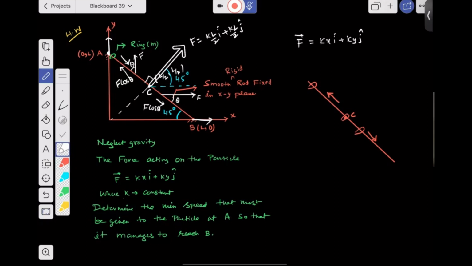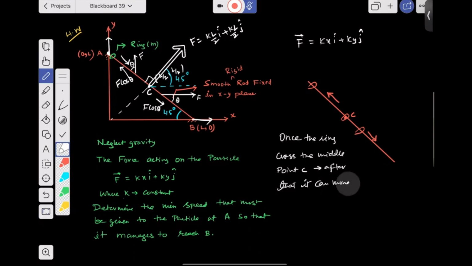So what we can say, once the ring crosses the middle point, after that, it can move on its own, no? Or it can move itself.